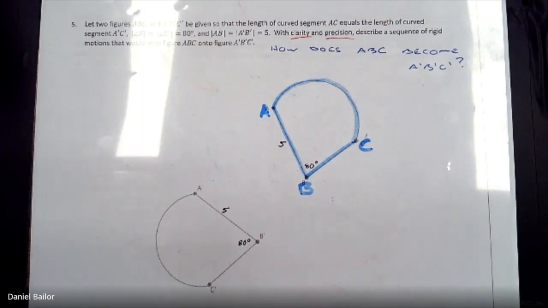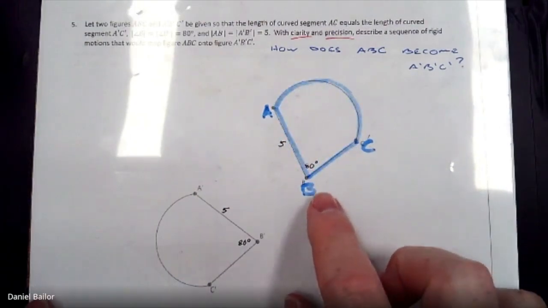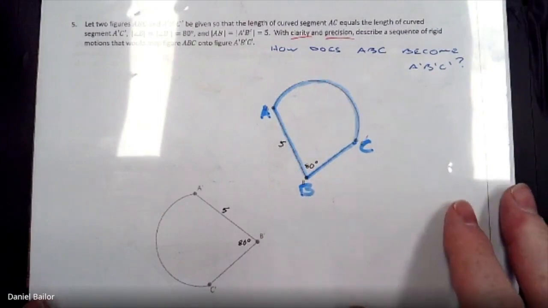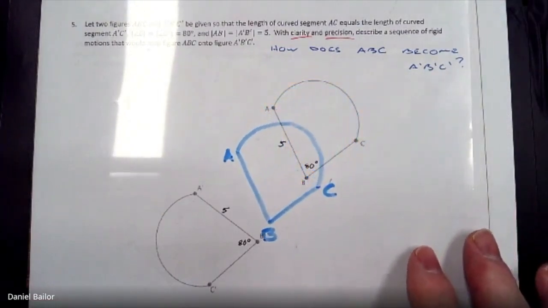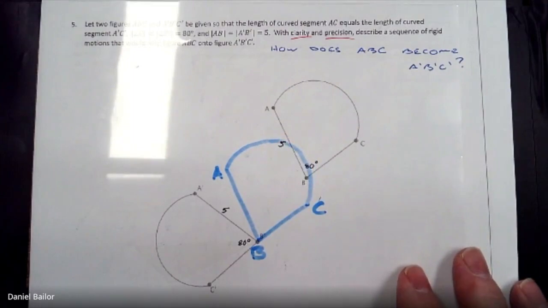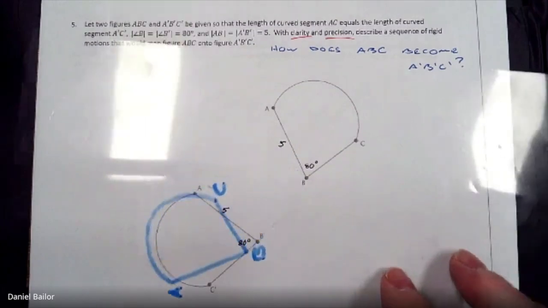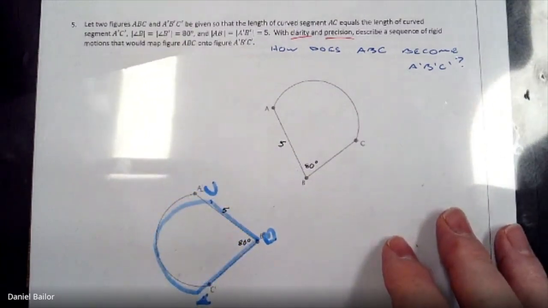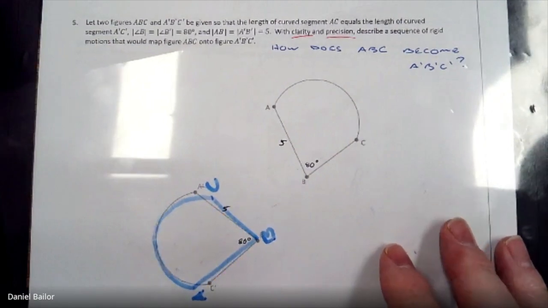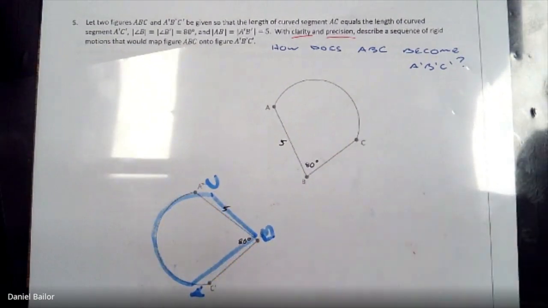Now I can play around and see, okay, let's see here. Let's first slide. Let's connect B and B prime. Let's just slide down to B prime. Okay, now I'm closer, but I'm still not exactly there. Maybe if I rotate like this, does that make it match? You might say, well, that looks close, Mr. Baylor, except this is the reason I labeled my points.